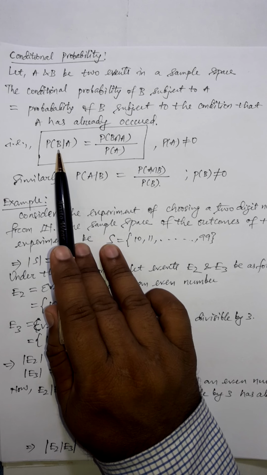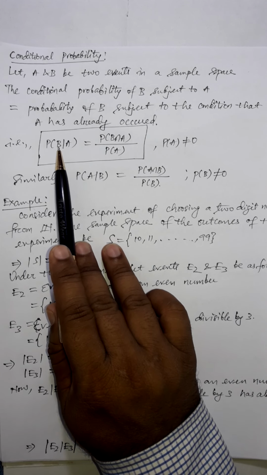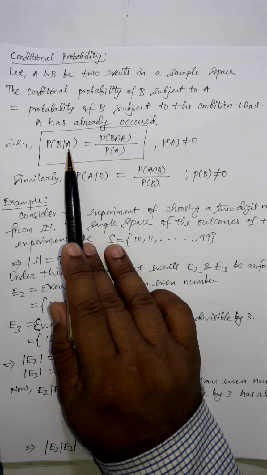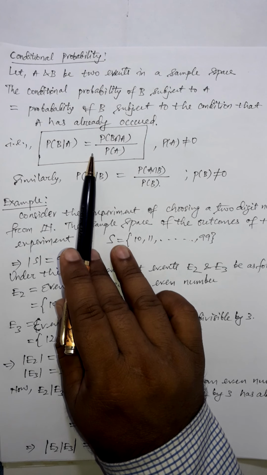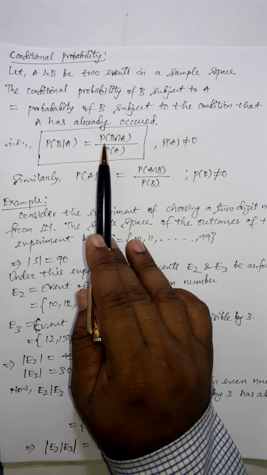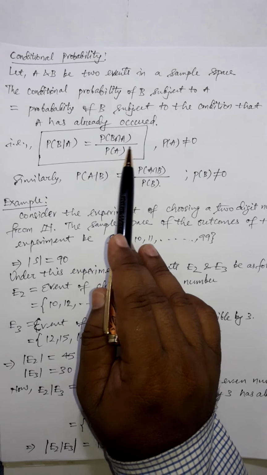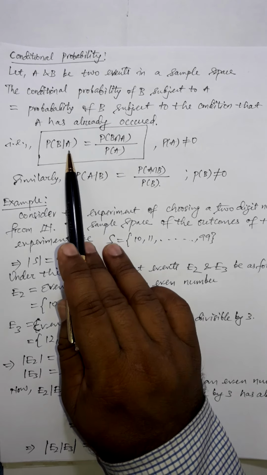So basically, conditional probability of B subject to A represents that we have to find the probability of the event B when the event A has already occurred, and its value is equal to the probability of the common part of both the events divided by the probability of the event which has already occurred. So it's a very simple formula to remember.